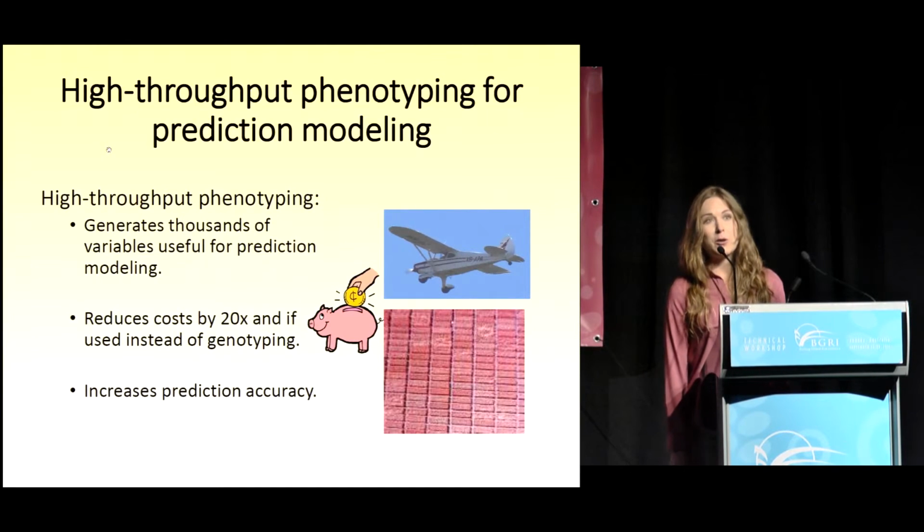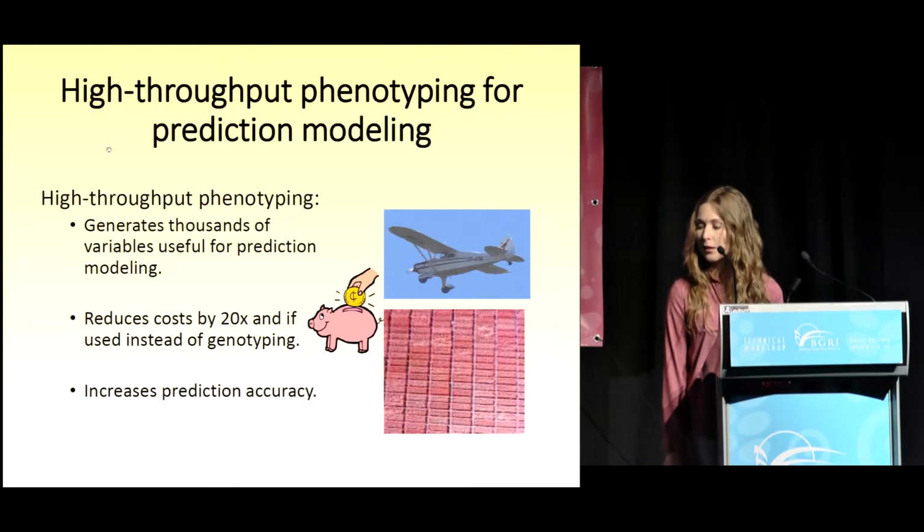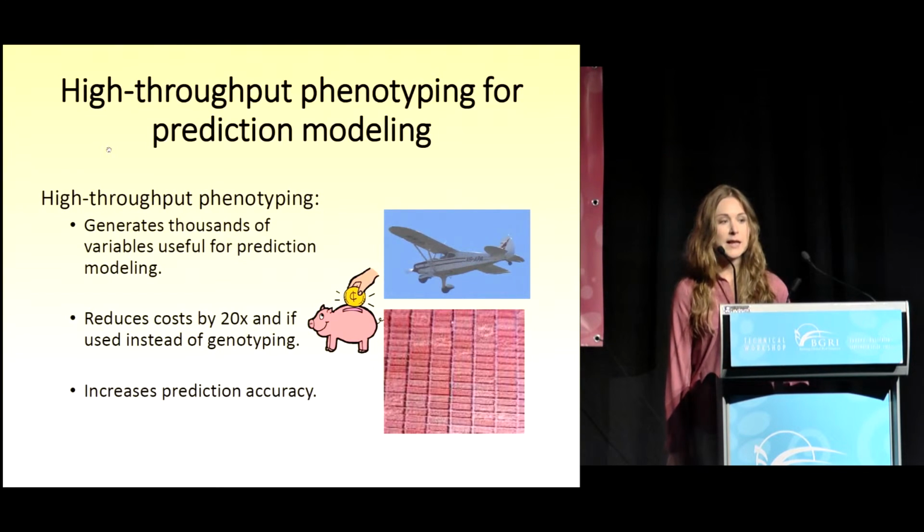So we have now the ability to use high throughput phenotyping. We haven't really gotten too far into using it for predicting or selecting for disease resistance, but we're pretty far ahead in using high throughput phenotyping to collect data on various traits that are associated with yield.